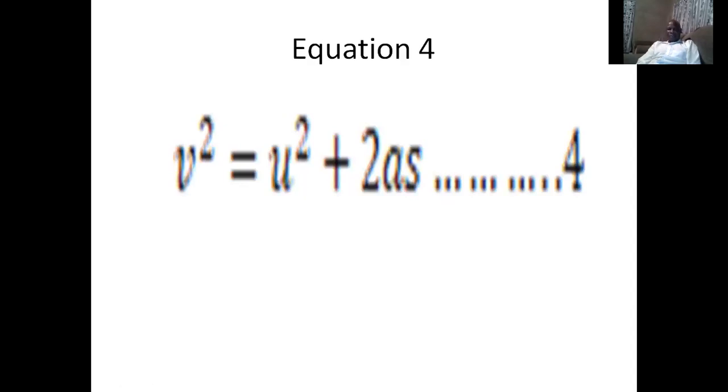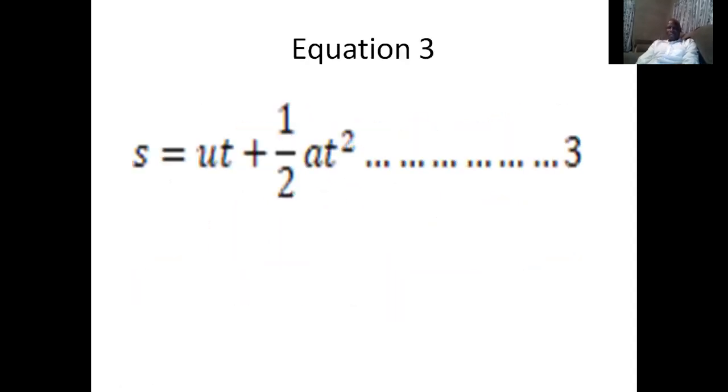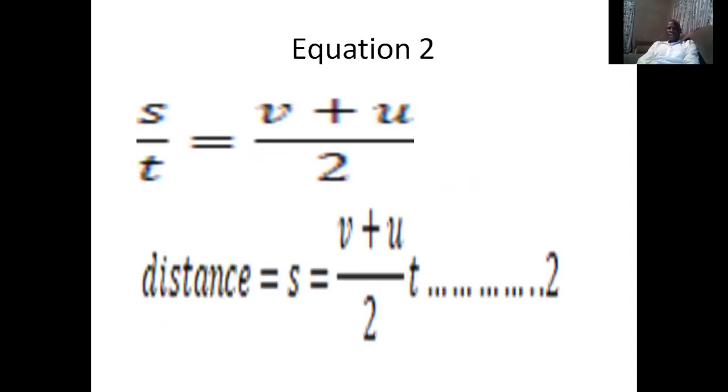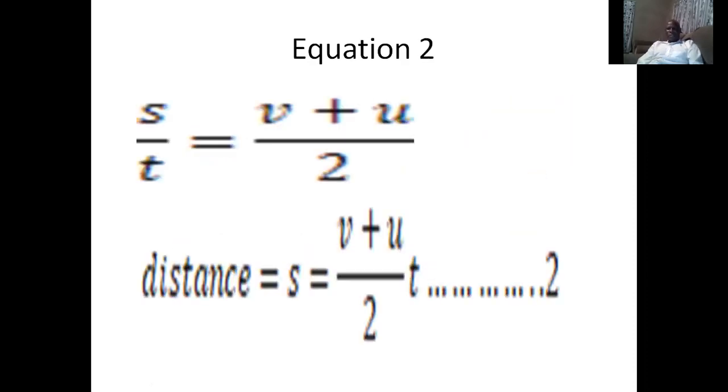But at times you can memorize them, so that you do not need the rigorous way of deriving these equations again. Equation 1 is final velocity is equal to initial velocity plus acceleration times time. The second equation is displacement is equal to final velocity plus initial velocity over 2, multiplied by time.